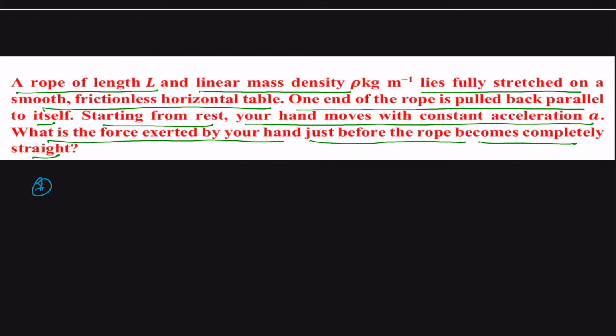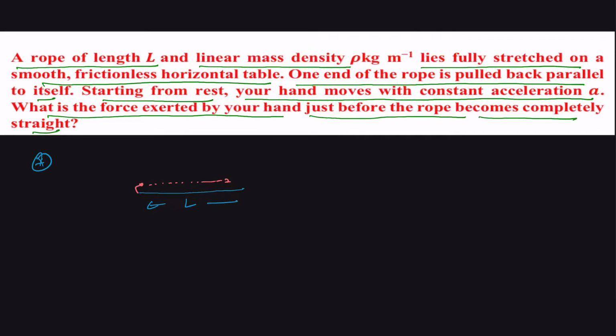So before we start solving this particular question, we have to remember one important part. Let me draw the figure first. So this is the length L of the rope, and to one of the ends we are pulling it in this direction so that the two parts move parallel to each other. Now here we have to just remember one thing: if the length of the rope that is pulled back in the reverse direction is x, then the same length will be of the unpulled rope also.